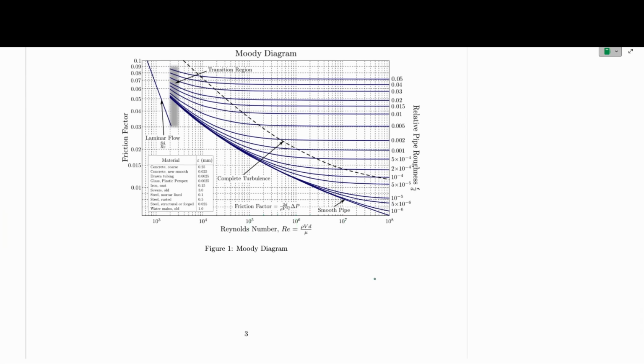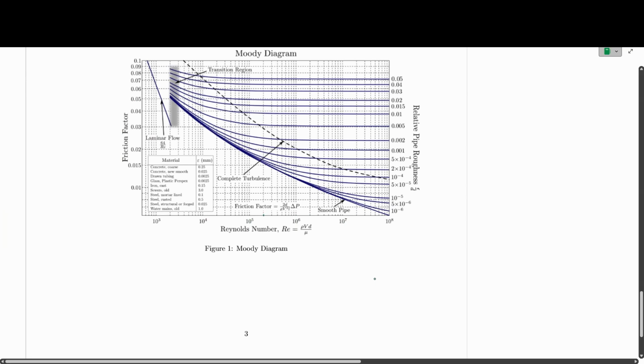So for 3.2 times 10 to the 5, we're looking at 1, 2, 3, a little bit past it. So if we say about there, we just mark our line straight up, and that's where our 3.2 times 10 to the 5 Reynolds number is going to be.